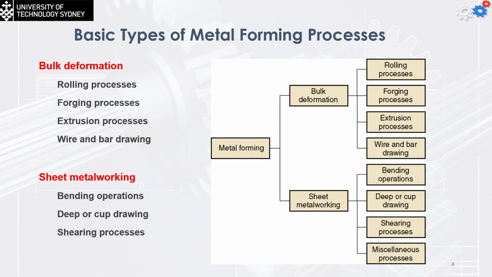In sheet metal working, on the other side, the area to thickness ratio is quite high. Thinner material, we call it the sheet. So we can have operations like the bending operation, the deep or cup drawing, the shearing processes, and other miscellaneous processes related to sheet metal working.